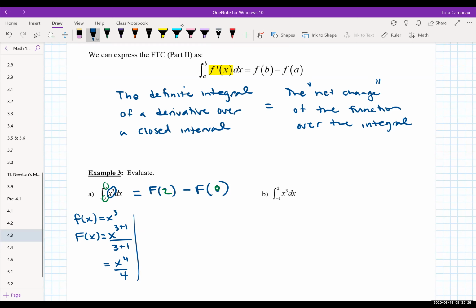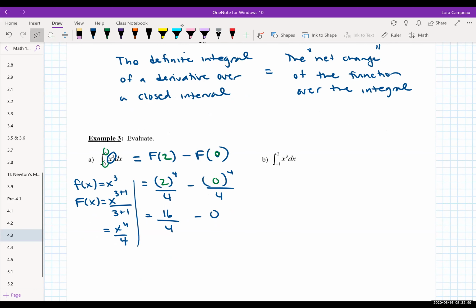We evaluate that antiderivative formula at the upper and lower limits of integration. So, a little bit of math: 2 to the 4th is 16 over 4, and 0 to the 4th is still 0, so we don't have to worry about that term. 16 over 4 gives us 4 minus 0. And that is the quicker way to evaluate integrals.